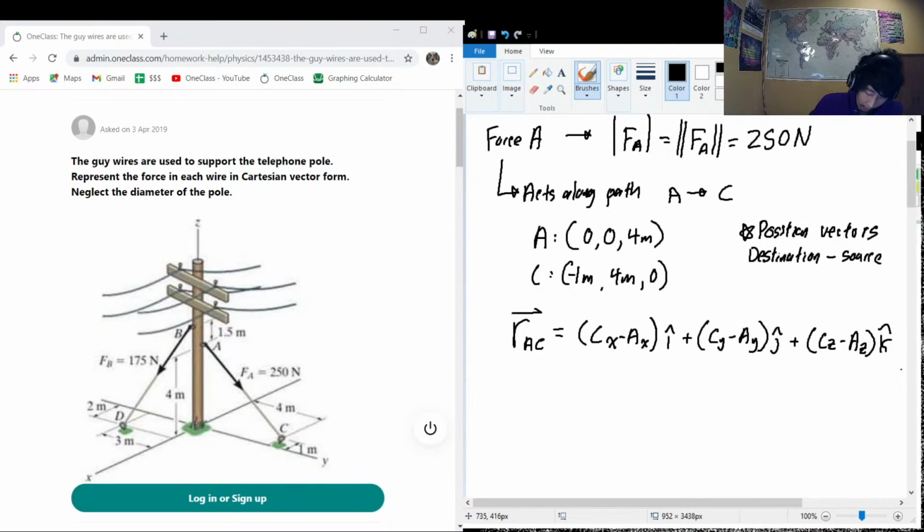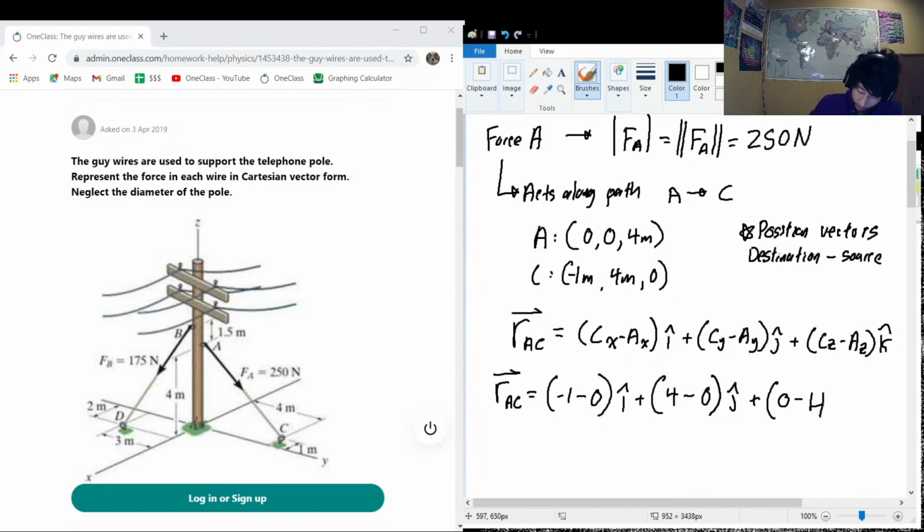Okay, so given that this is what we got for our AC, let's put in our values. So our x value for C is going to be -1 minus the x value for A, that's 0. That's in the I direction, plus, now the CY is 4, and the A is 0, so that's going to be that. And the Z components, well, our C is 0, and our A value is 4, and this will be in the K direction.